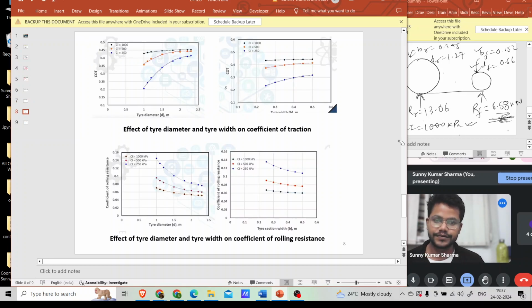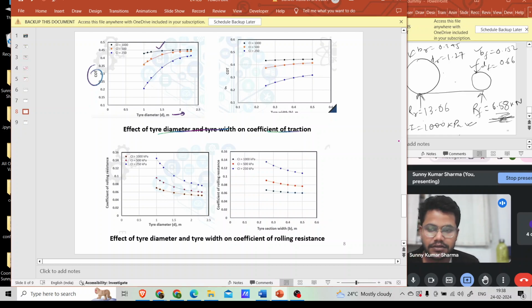Here is a graph which is telling the effect of tire diameter and tire width on the coefficient of traction. So the earlier question was, with increasing tire diameter, what is the effect on coefficient of traction? It increases, and the highest value is for the highest cone index.